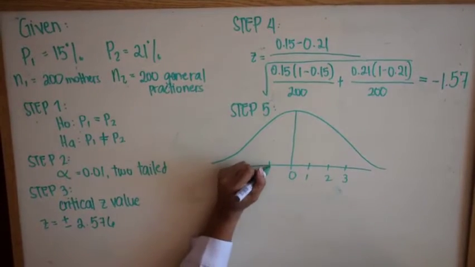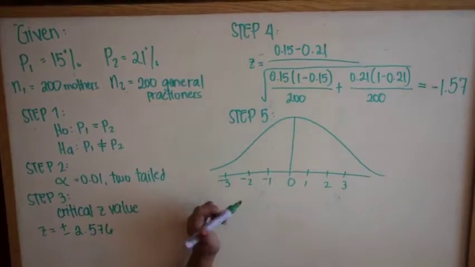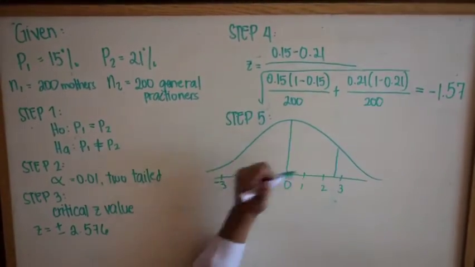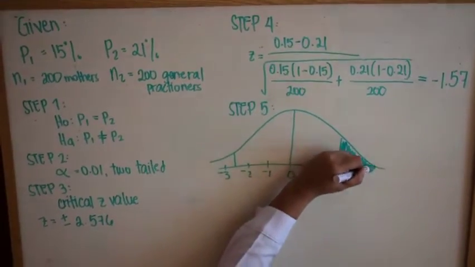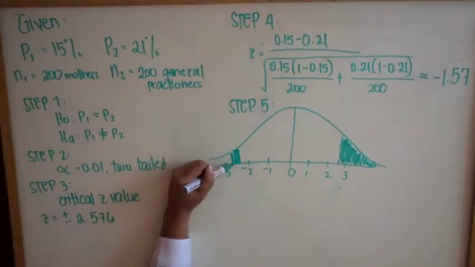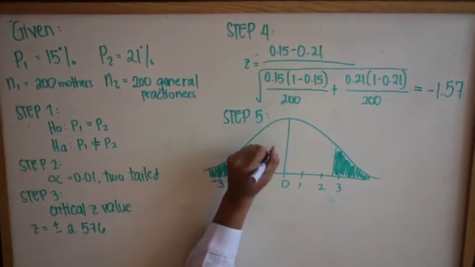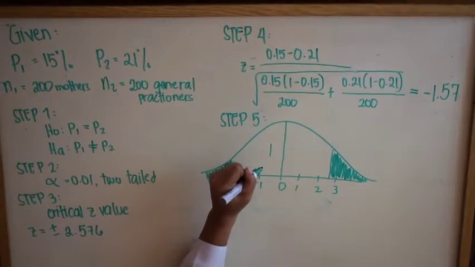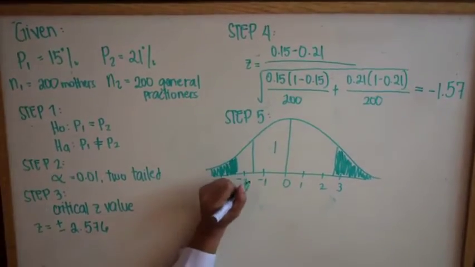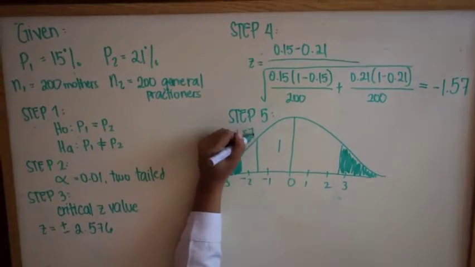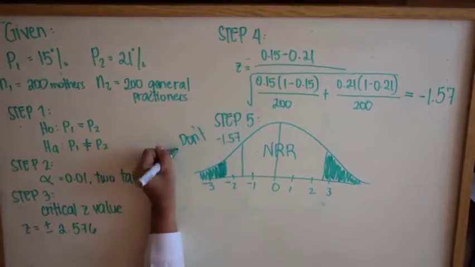Since it is two-tailed, we need to plot positive negative 2.576 and shade it. Negative 1.57 is part of the non-rejection area, so we will not reject H0.